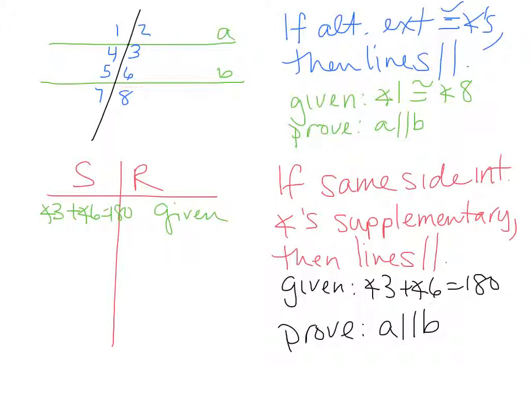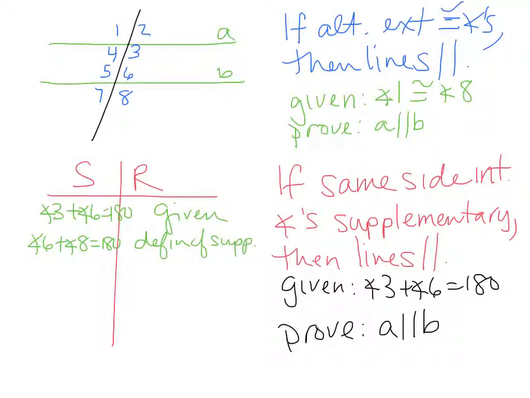Well, I do know that angle 6 plus angle 8 is equal to 180. Oh, sorry, I wrote that wrong. I'll try again. Angle 6 and angle 8 equals 180. Okay, that's because they're supplementary, definition of supplementary.